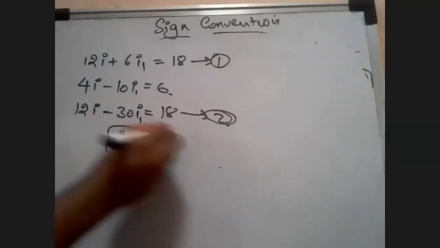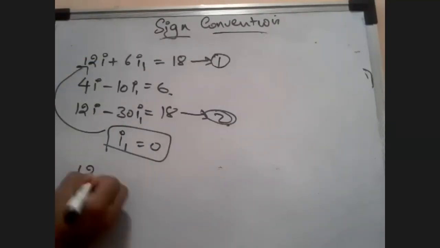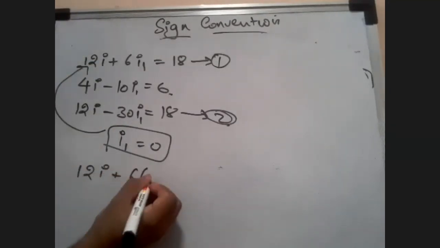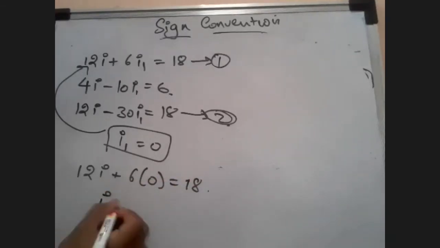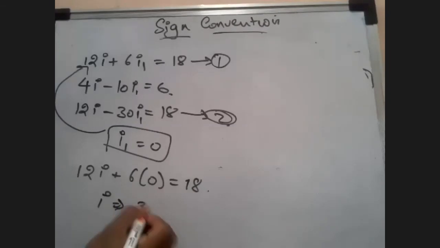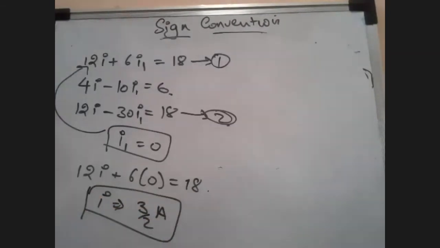If I1 is 0, substitute it in either equation and you will get 12 times I plus 6 times 0 equal to 18. So I will be equal to 3 by 2 amperes. Is it clear, everyone?